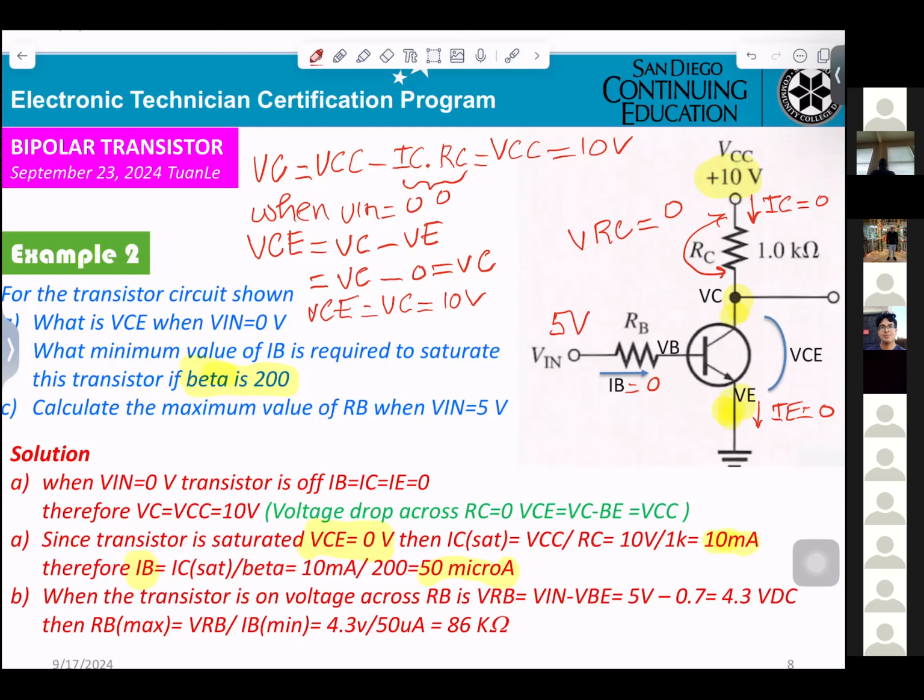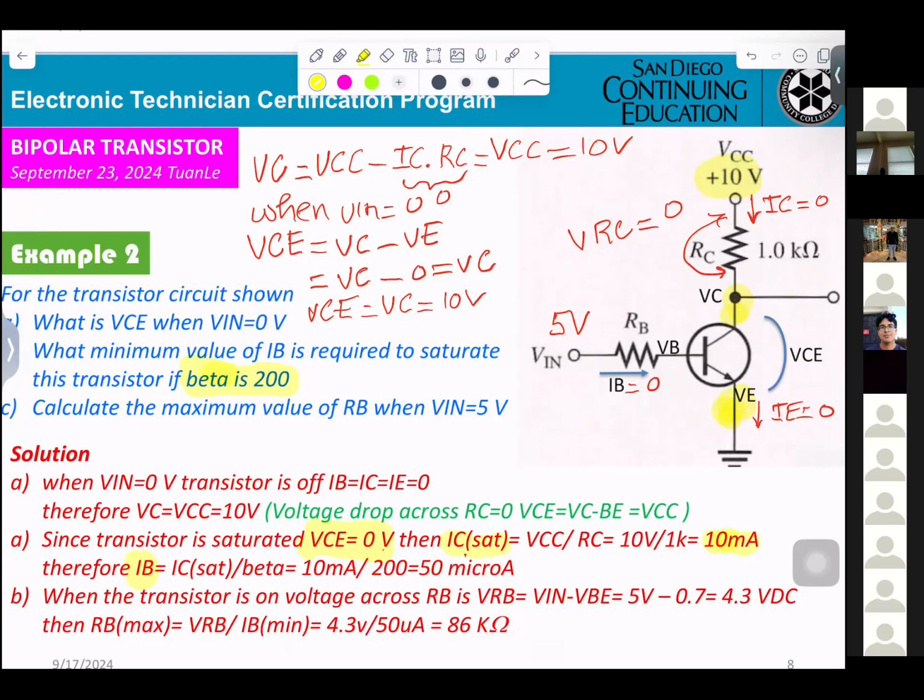No. We're talking about the transistor saturated, IC saturate equals VCC divided by RC. That means you can calculate IC saturate, equal to 10 milliamp.